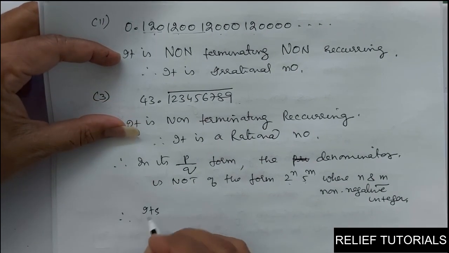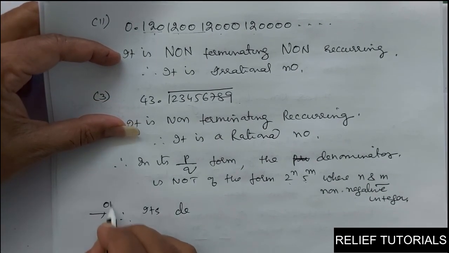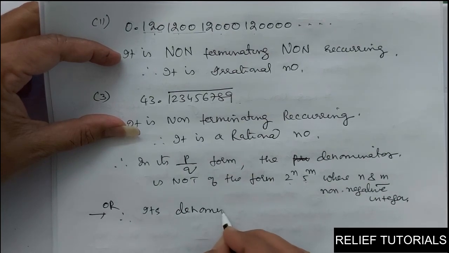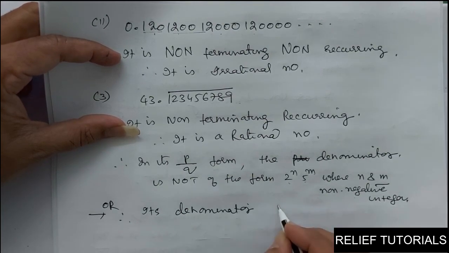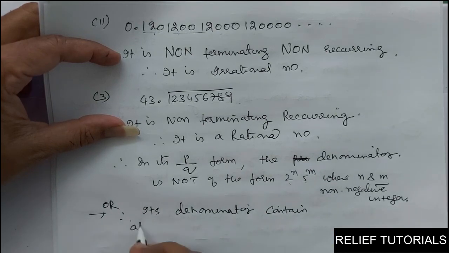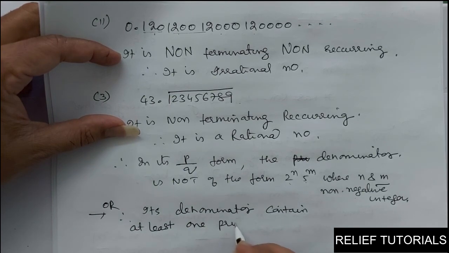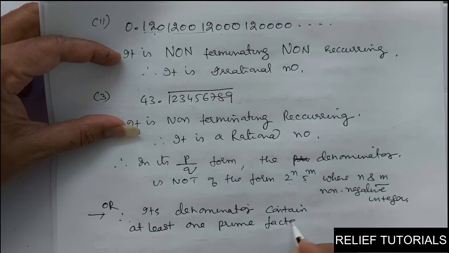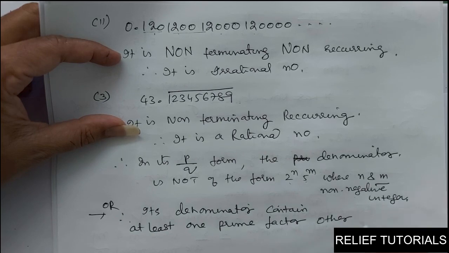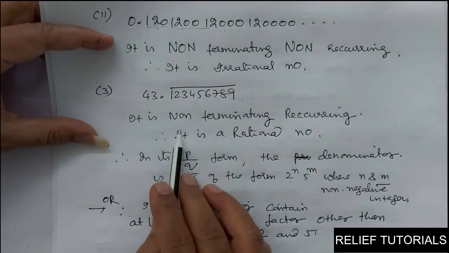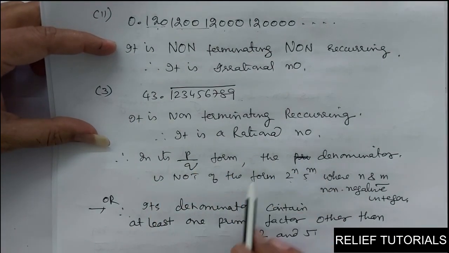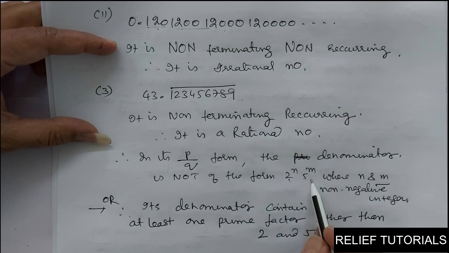So its denominator contains at least one prime factor other than 2 and 5. Since it is non-terminating recurring, its denominator will not be of the form 2 raised to n and 5 raised to m.